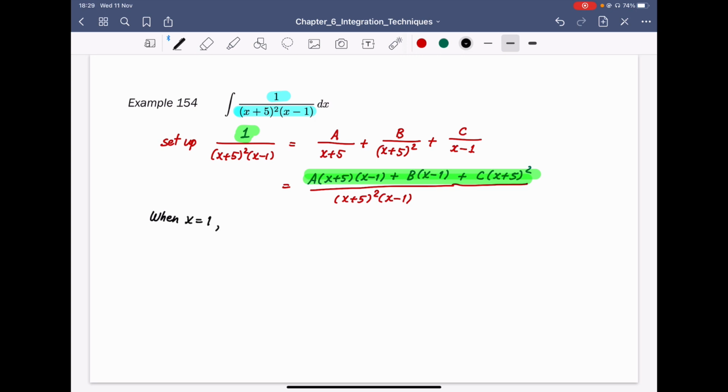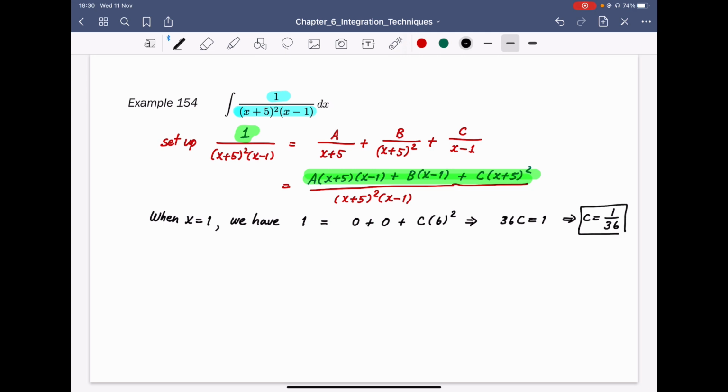The reason I pick 1 is because I see x minus 1 here, so I hope that it's going to cancel out a lot. So we have 1 equal to 0, because the first term has x minus 1, so it goes to 0, plus 0, and then plus C times 6 squared. That means 36C equals 1, and that gives me C equal to 1 over 36.